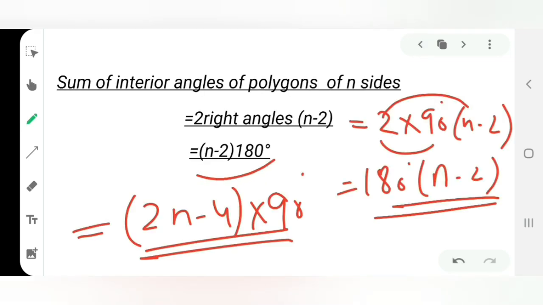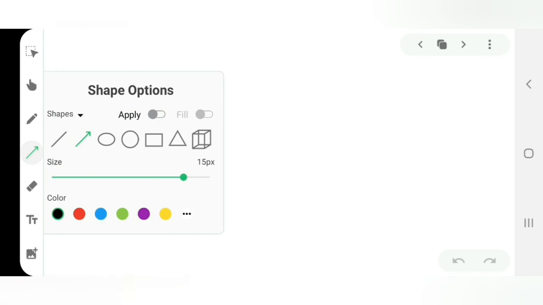Clear? So let's see some examples. We can prove this formula. What is the formula? n minus 2 into 180 degree, or you can use this formula, 2n minus 4 into 90 degree. See, we know a triangle is a polygon, and in a triangle we know that the sum of all the interior angles is 180 degree.